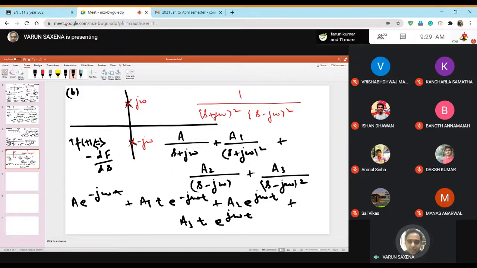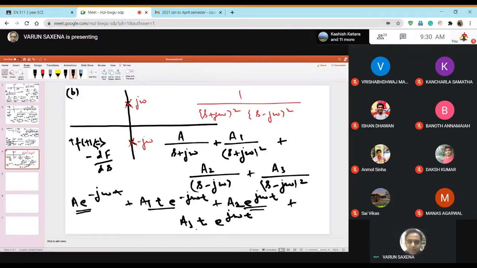So this is okay, this is stable, this is also bounded, but here you have a ramp and a bounded term. If you multiply a ramp with a bounded term, it is going to basically increase. So this is bounded, but this is not bounded.